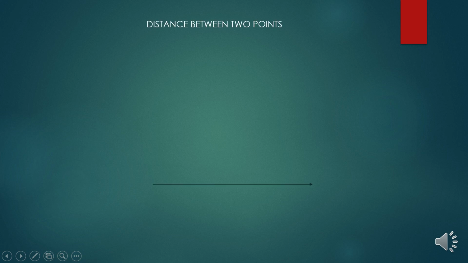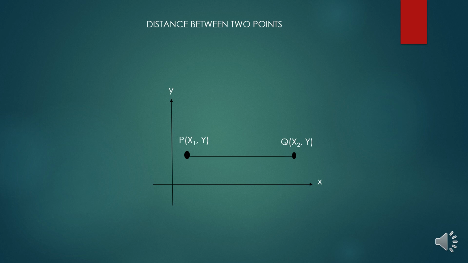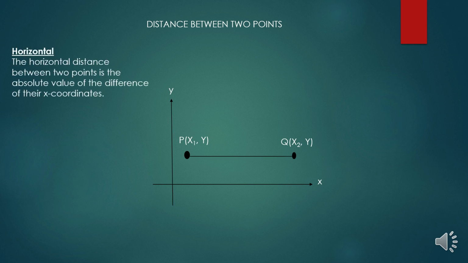Distance between 2 points. The x-axis and the y-axis intersect at one point. That's why we have the xy plane. Point P has a coordinate of x sub 1 and y. Point Q has a coordinate of x sub 2 and y. Connect these 2 points, and we have a horizontal line. The horizontal distance between 2 points is the absolute value of the difference of their x coordinates.